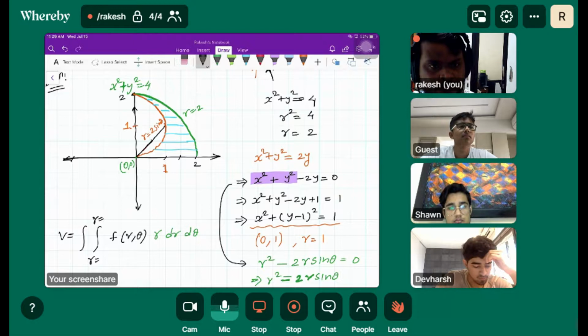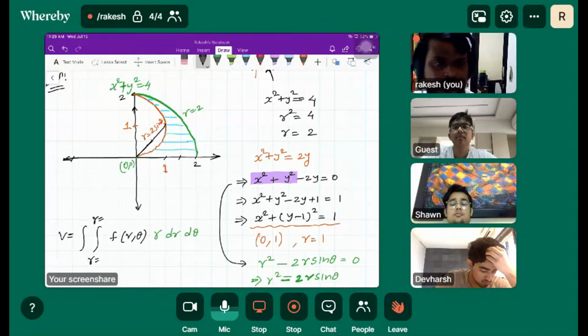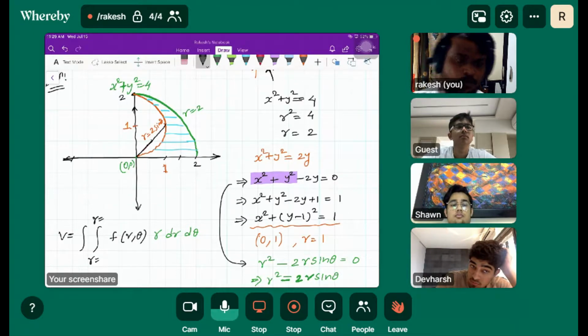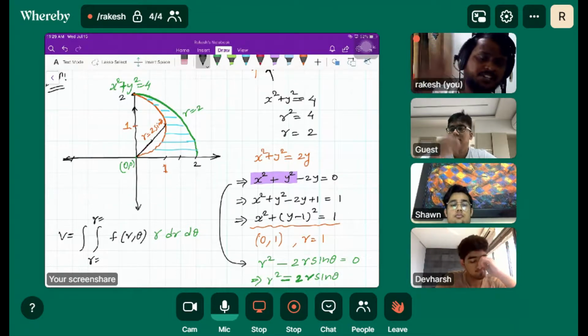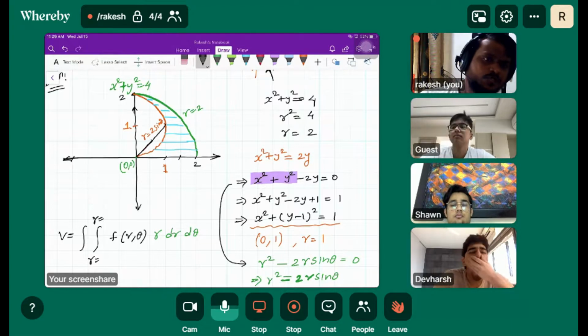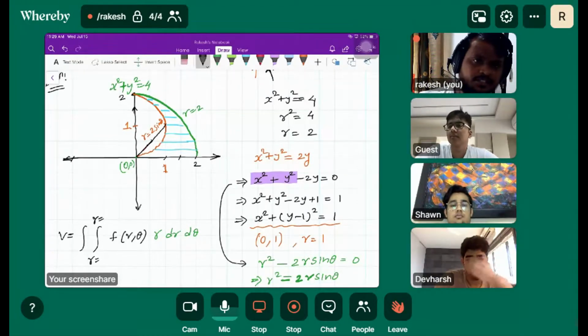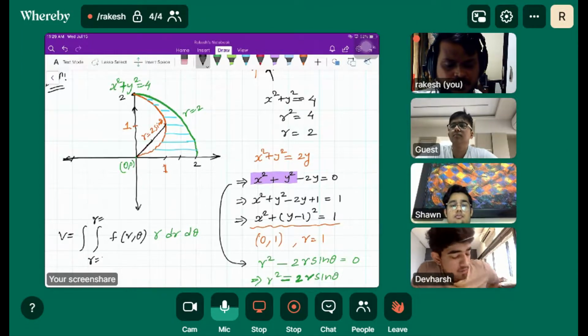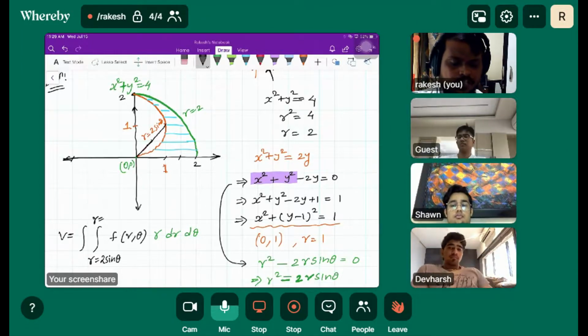Now, am I about to enter the region? Yeah. So what is the r value for that? What is that curve in terms of polar? That's basically r is equal to 2 sine theta, isn't it? So the lower limit is r is equal to 2 sine theta.